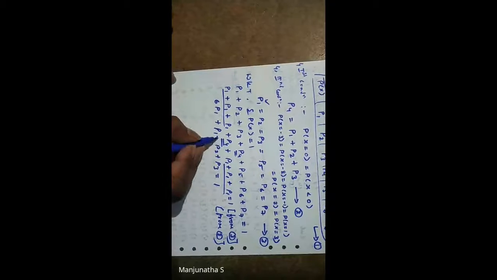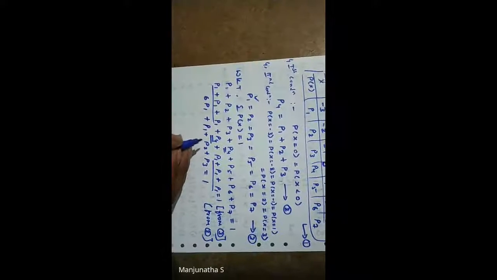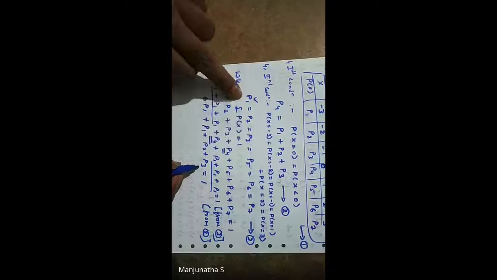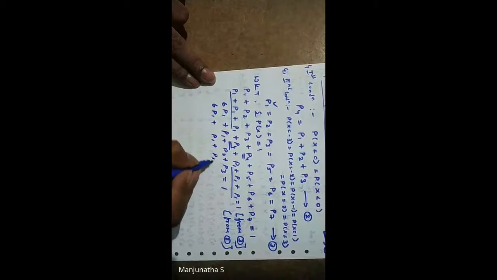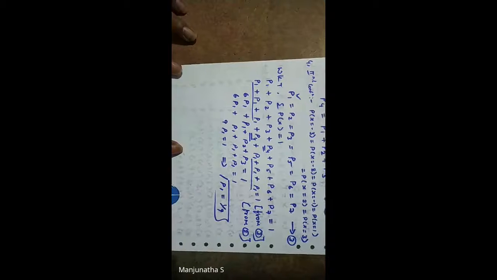I kept P4 as it is, where I replaced P4 as P1, P2, P3. And you know, again, P2 is nothing but P1, P3 is nothing but P1. So just the simplification part: 6 P1, P1 plus P1 plus P1 is equal to 1. So 6, 7, 8, 9. So 9 P1 is equal to 1. This implies P1 is equal to 1 by 9.